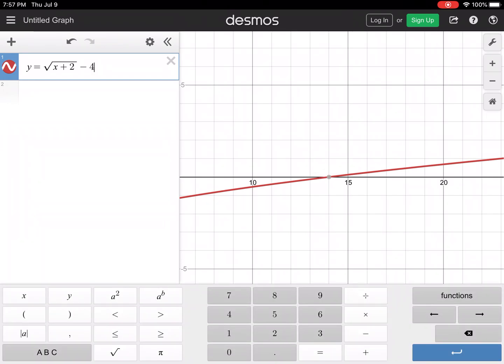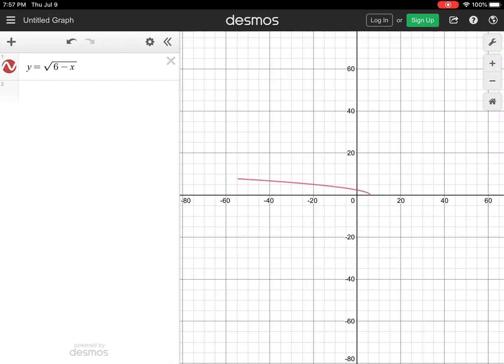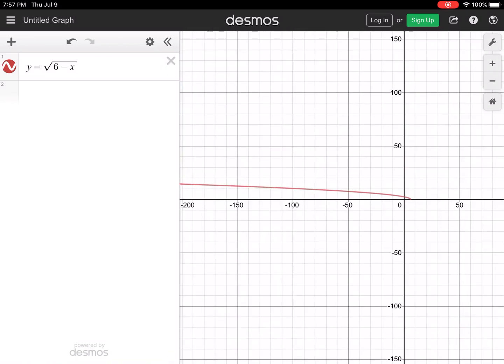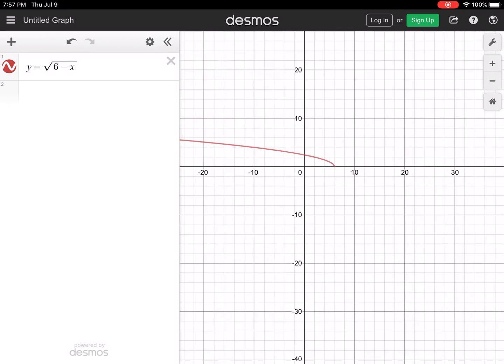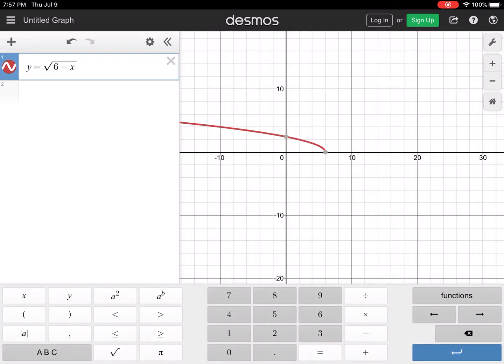Okay, so we've got square root of 6 minus x. That's one graph right there. Then if we press the return button, that'll allow us to do a second graph.